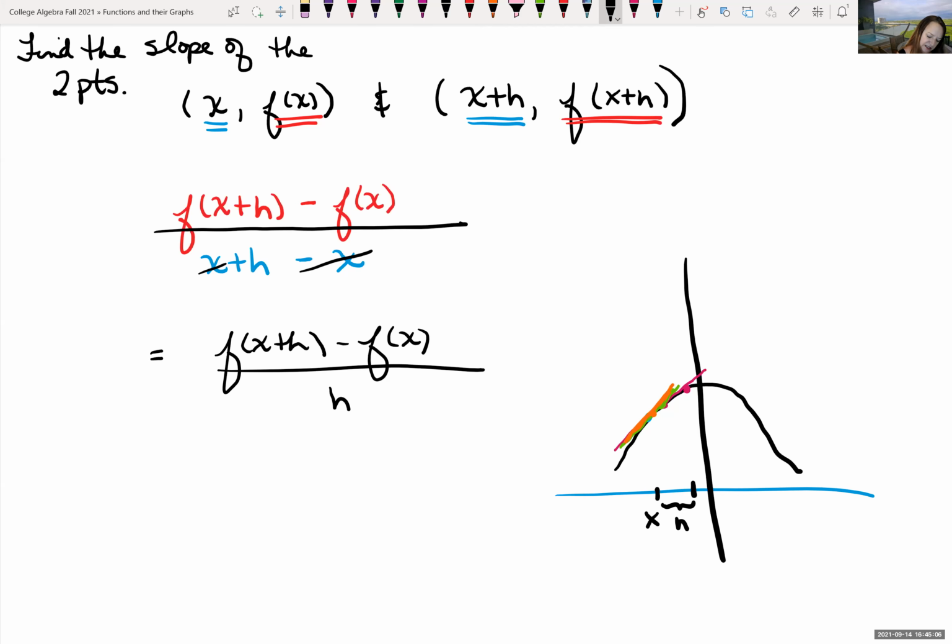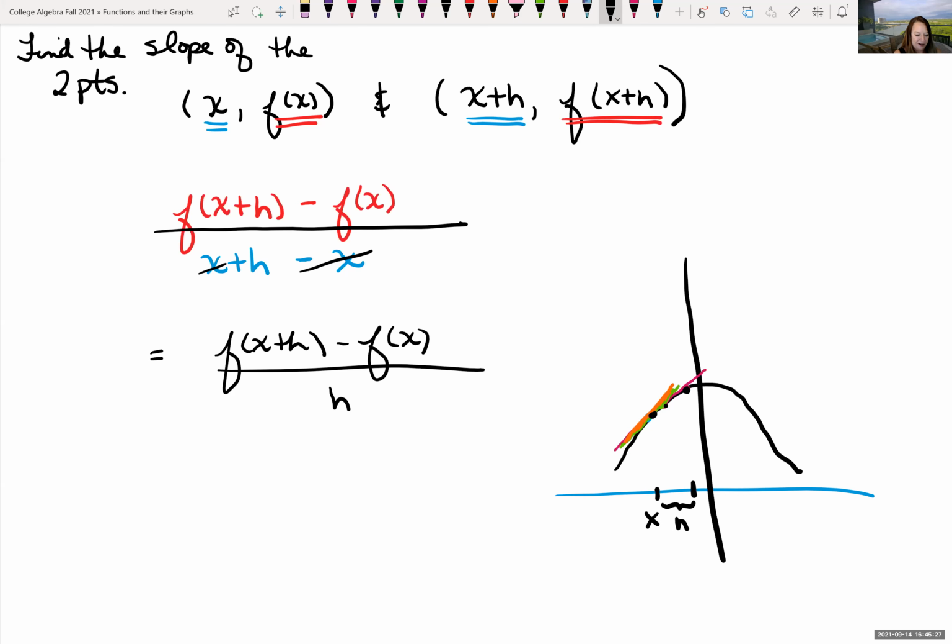Okay, and so this would be the value of x plus h and f of x plus h. And so as that distance shrinks, as h goes closer and closer to 0, our points get closer and closer to the point that we were trying to find the slope. And that's where that difference quotient is coming from.